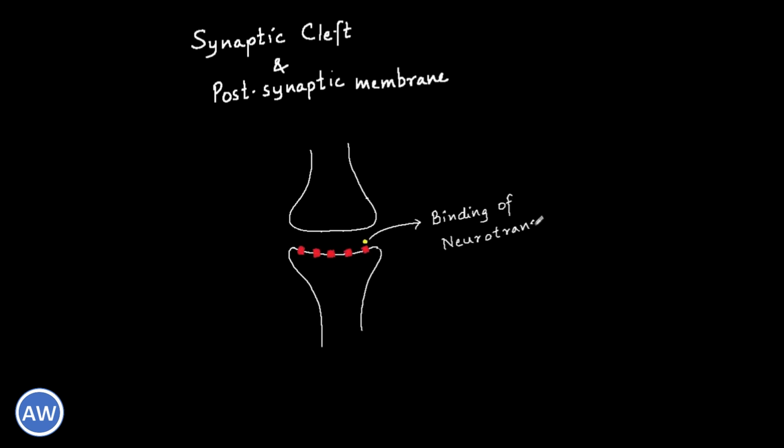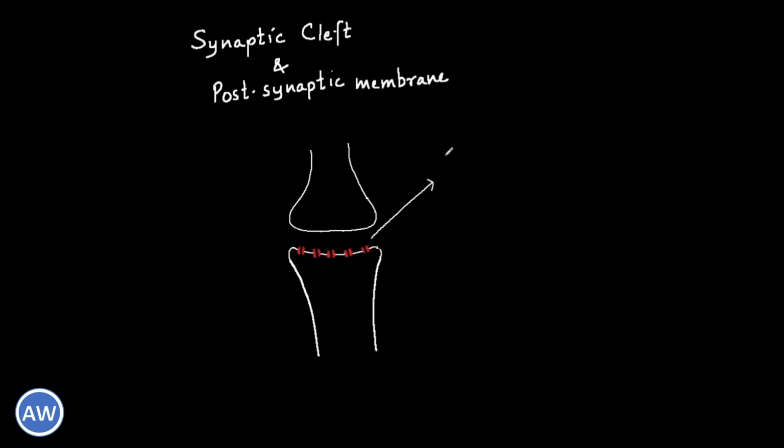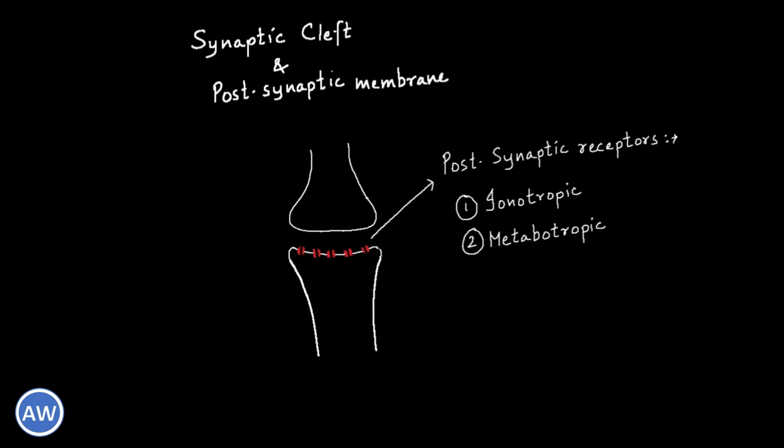Binding of these neurotransmitter substances results in the opening of ion channels with subsequent depolarization or hyperpolarization of the effector cell plasma lemma. The postsynaptic membrane houses 2 major types of receptors, ionotropic and metabotropic receptors.